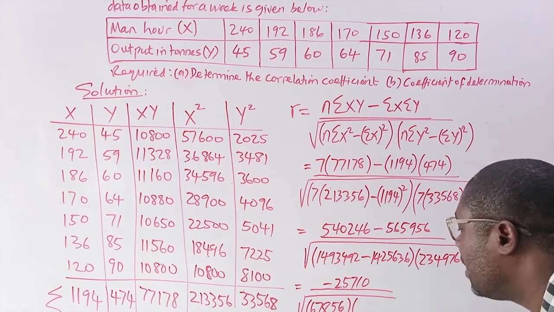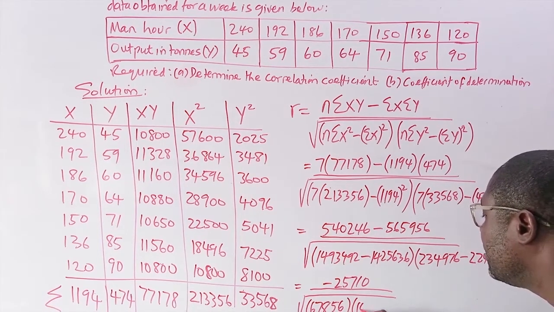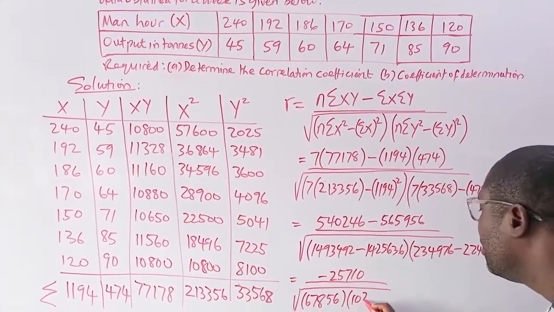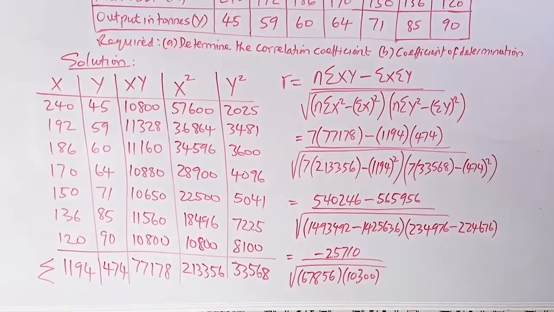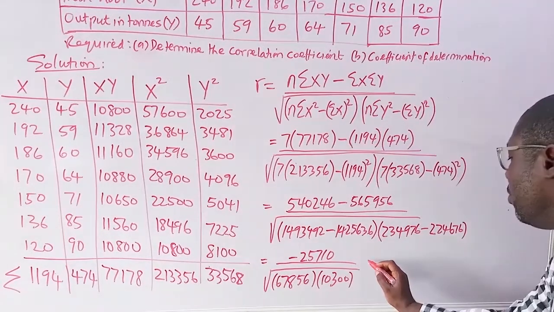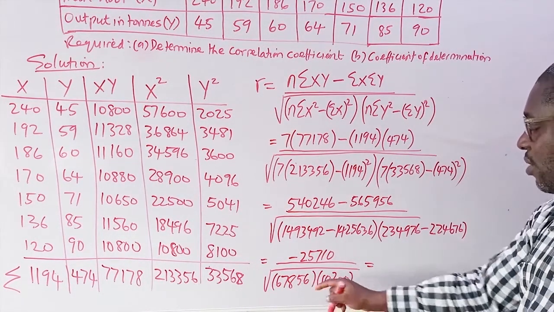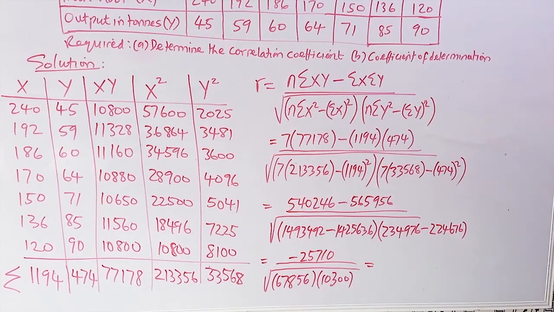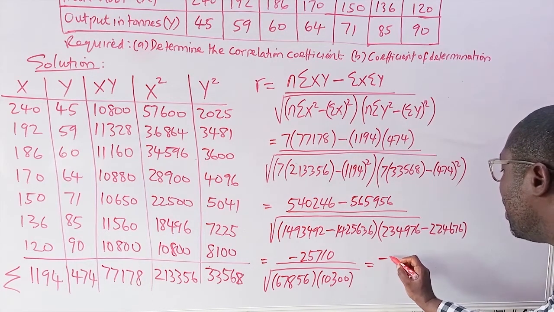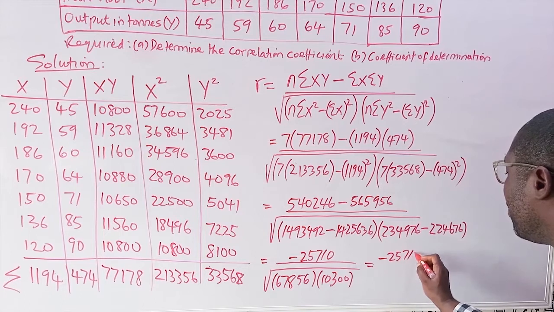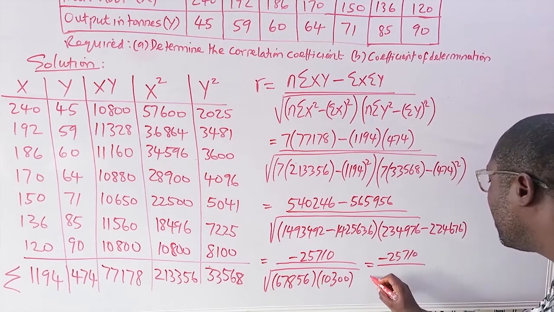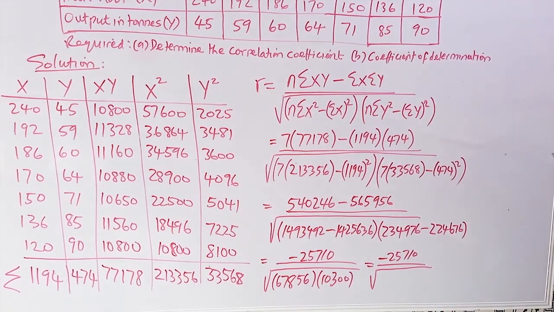Okay, that's what we have, times 10,300. That's what we have. We still continue here, we need to determine this value to know what we're going to find the square root of. So this becomes minus 25,710 divided by the square root of, wow, this is a long figure.